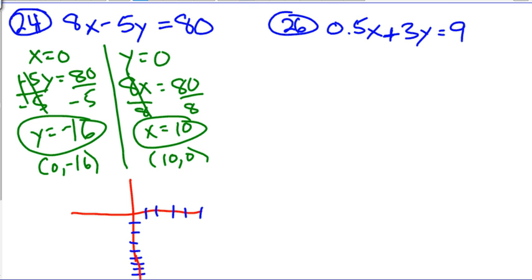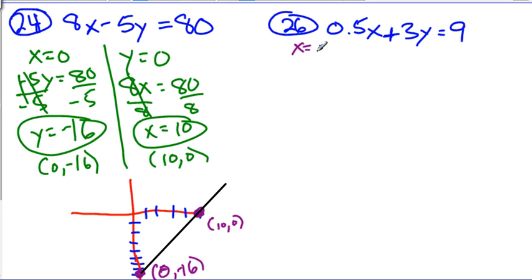But we can still make those points there. So this is 10, 0. Way down here. Sorry, that is 0, negative 16. Let's connect those with this line. There we go.